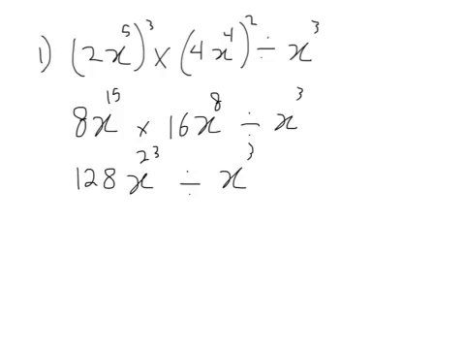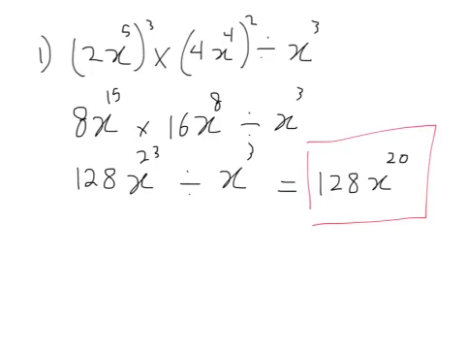Since I don't have anything to divide 128 by, it stays 128 as it is. Now the powers, we have x to the power 23 divided by x to the power 3. You will subtract the powers, which is 23 take away 3, and that gives us 20. And this is how you simplify a question of that form to a simple answer as 128 times x to the power 20.